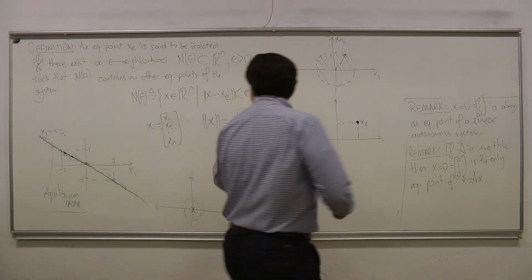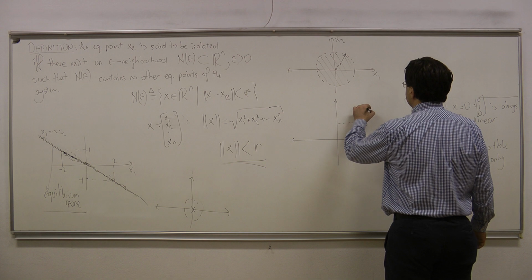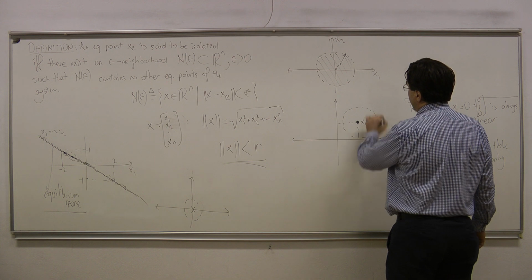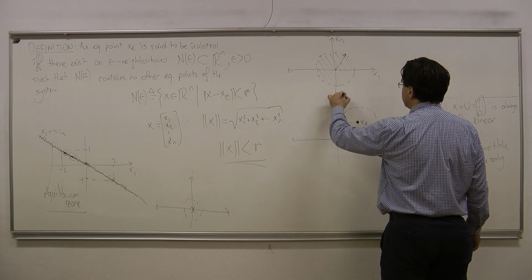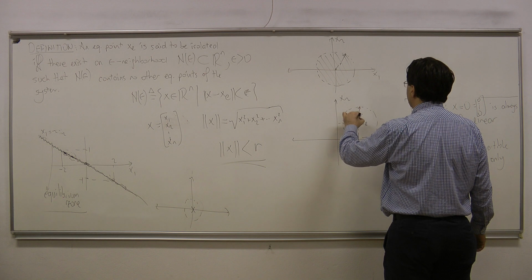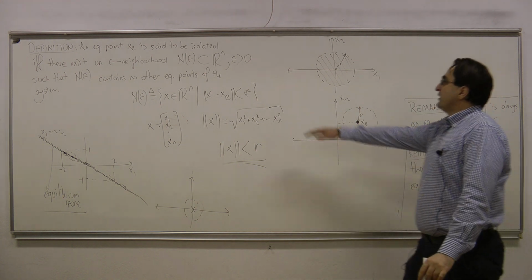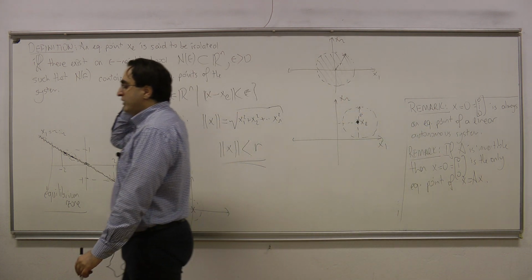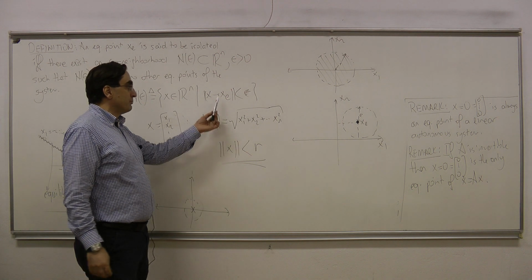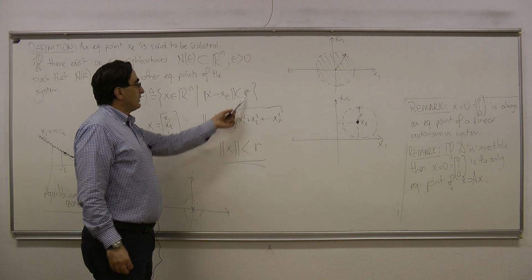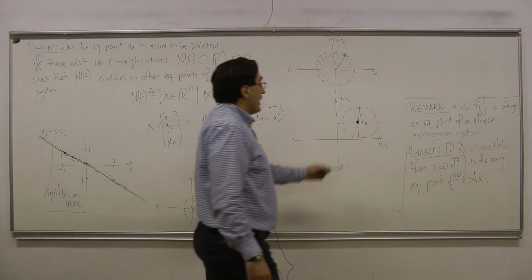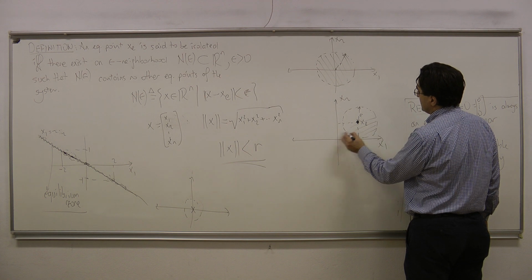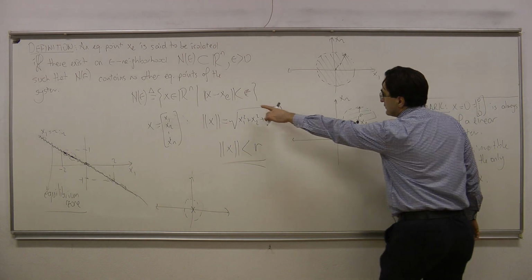Okay? So I would have here this epsilon ball, which is going to be a ball around the equilibrium point, and the radius is just going to be epsilon. This inequality shows us a region which is centered at the equilibrium point, and the radius is epsilon, and the boundaries of that ball are not included because of the strictly smaller sign here.